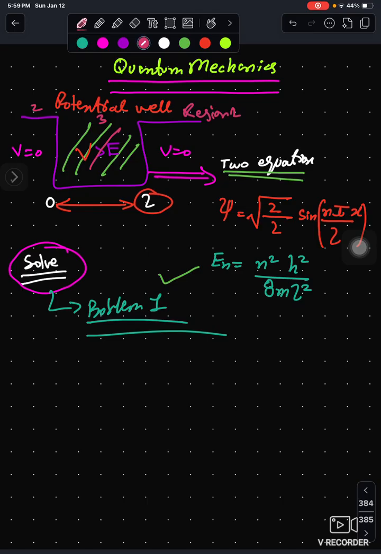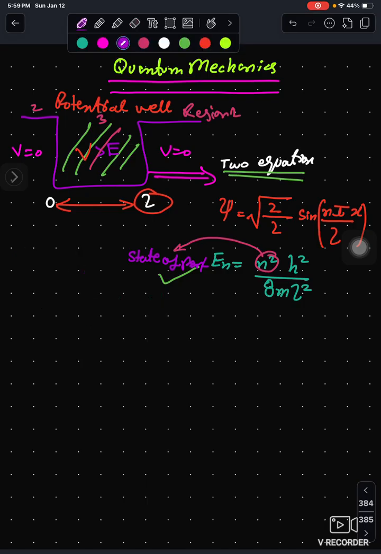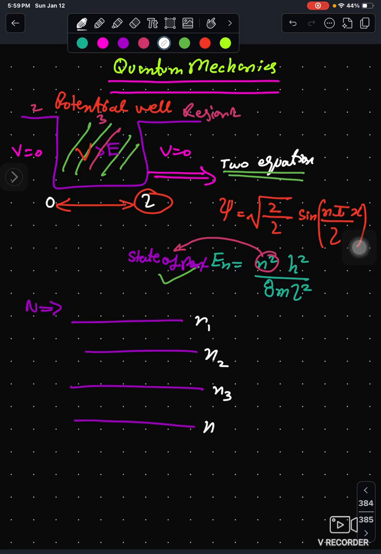Here let me define what n actually is. The n is the state of the particle. If these are the energy levels, let's suppose this is energy level 1, 2, 3, 4.